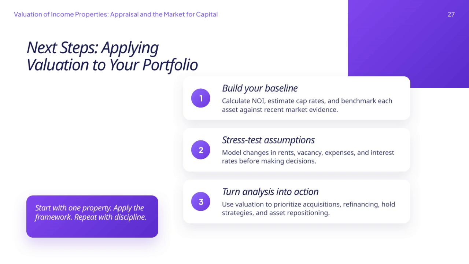Next, stress test your assumptions by modeling potential changes in rents, vacancy rates, expenses, and interest rates to understand how these variables might impact your valuation. Finally, turn your analysis into actionable decisions, whether that means prioritizing acquisitions, refinancing, holding, or repositioning assets. This process helps you make informed choices that align with market realities and your investment goals.